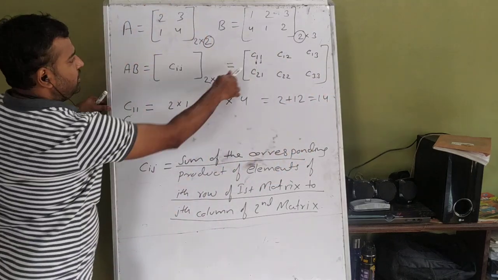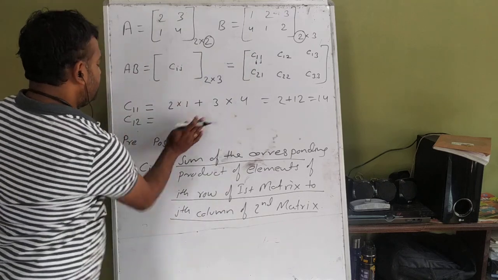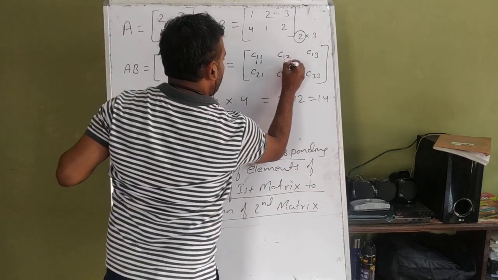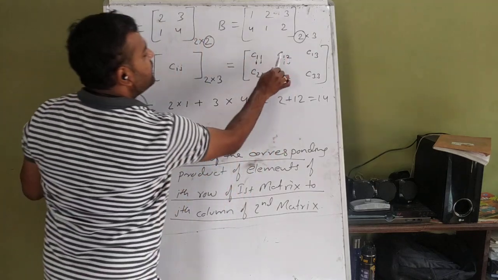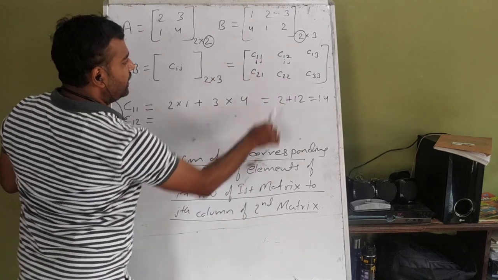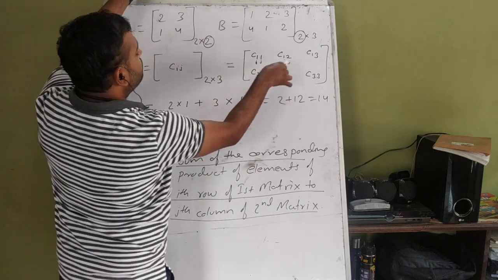Let us take another element, C12. What will C12 be here? Just check i and j. The ith row of which matrix? First. And the jth column of which matrix? Second matrix.